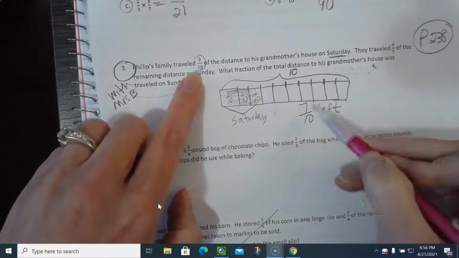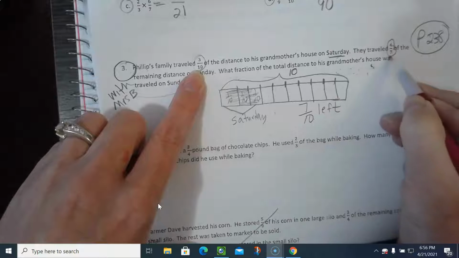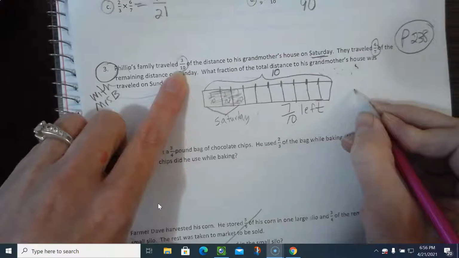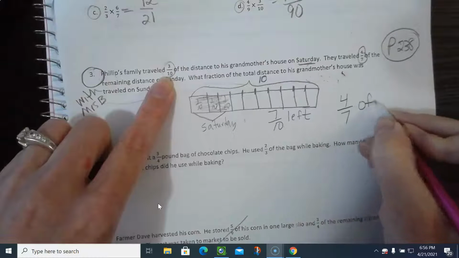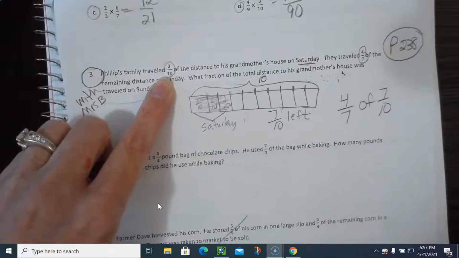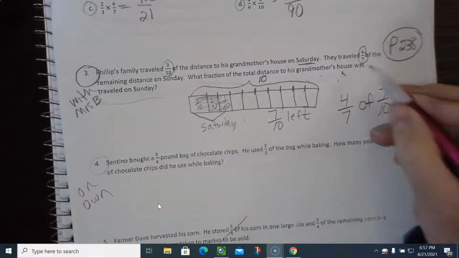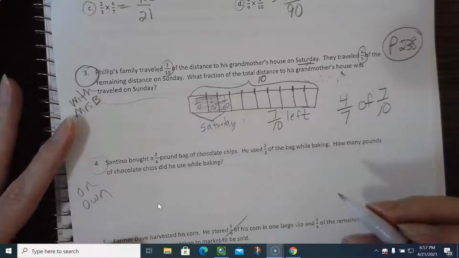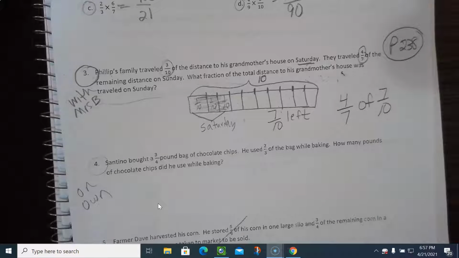So of the 7/10 that are left, 4/7 of that was traveled. So I'm trying to figure out what is 4/7 of the remaining 7/10 that are left. Okay, so I know that 4/7 is what they traveled on Sunday. What fraction of the distance to his grandmother's house was traveled on that day?